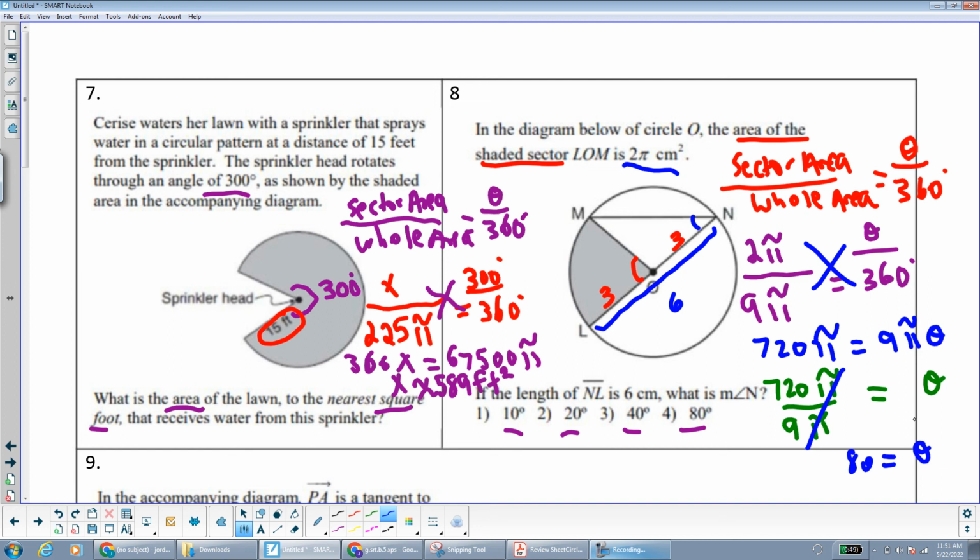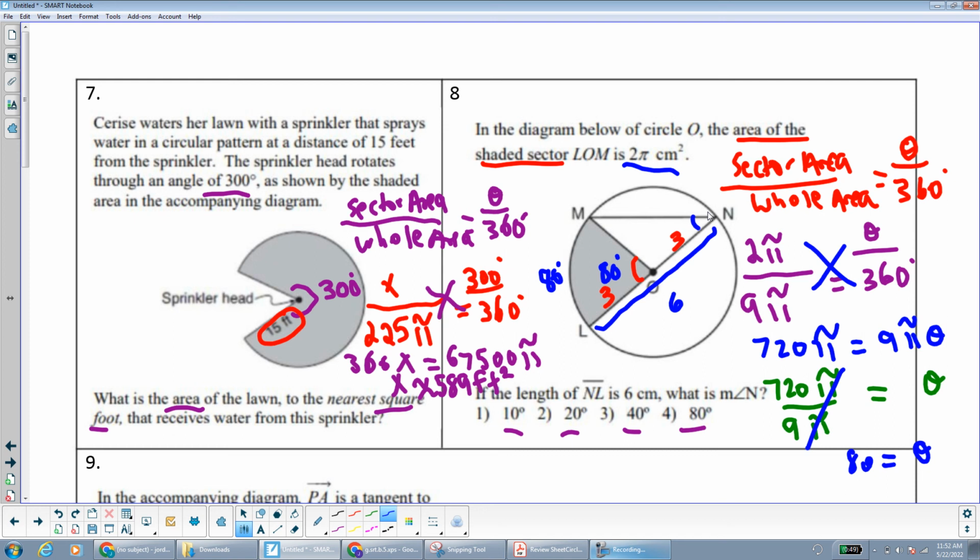So we just found that the central angle is 80, but be careful. That's an answer choice, but that's not what we were looking for. We weren't looking for the central angle of the shaded sector. We were looking for angle N over here. So I do know that central angles are congruent to the measure of their intercepted arcs. And I do know that angle N is an inscribed angle. It's got its vertex on the circle.